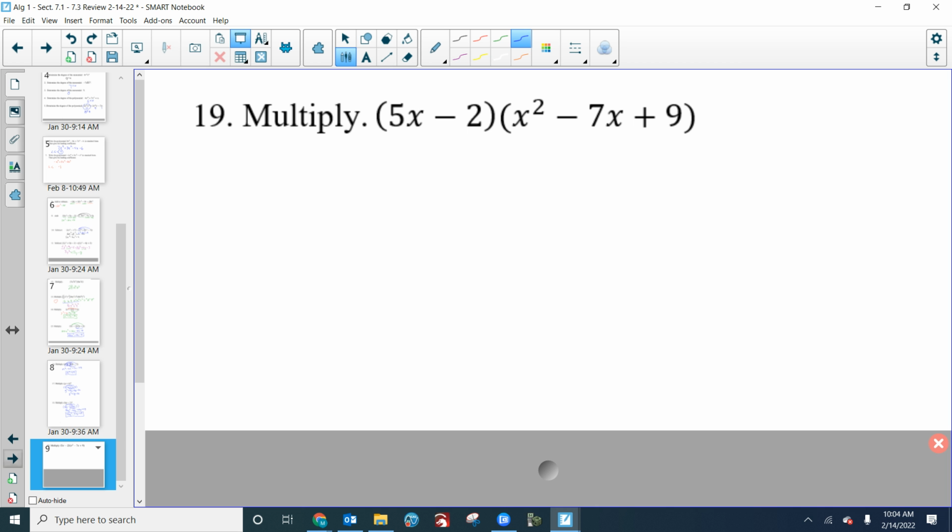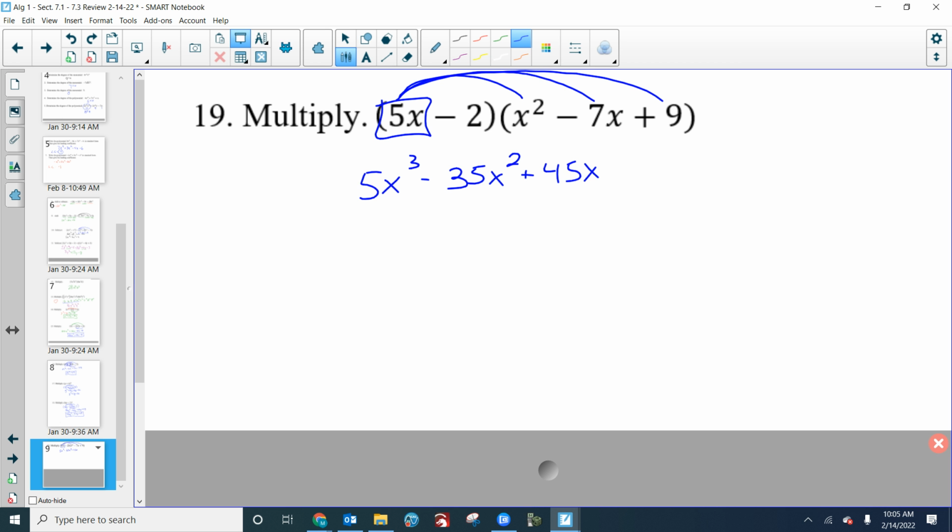All right. What do I have to do here? There's not two terms over here, so I have to take the 5x and multiply it to all three terms, and then take the -2 and all three terms. What do you get when you multiply a 5x times an x squared? A 5x to the third minus a 35x to the second plus 45x.